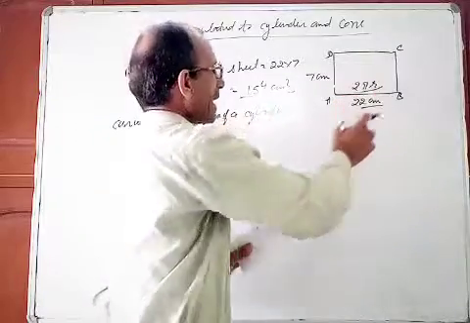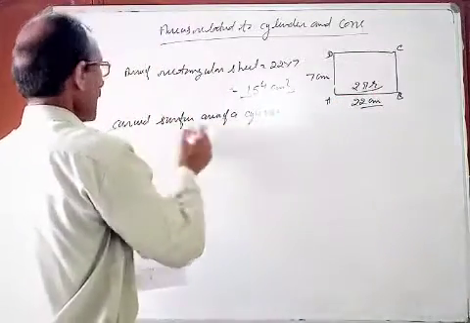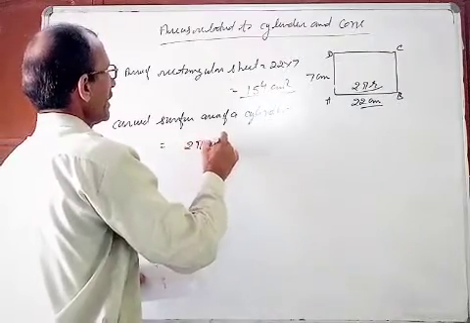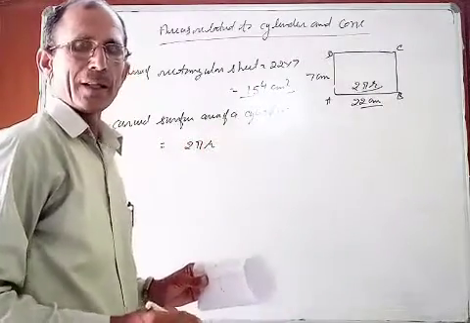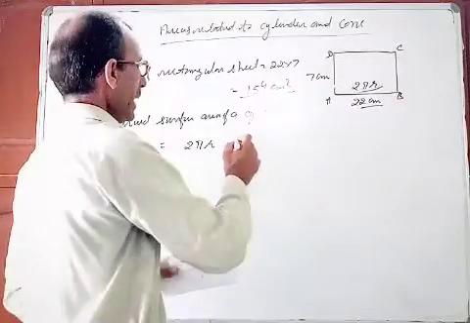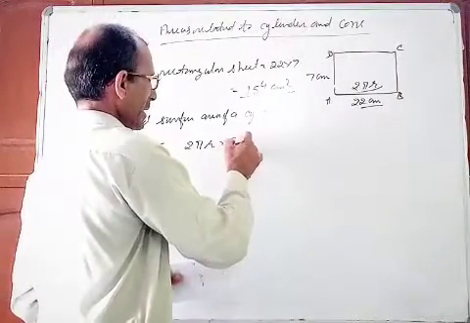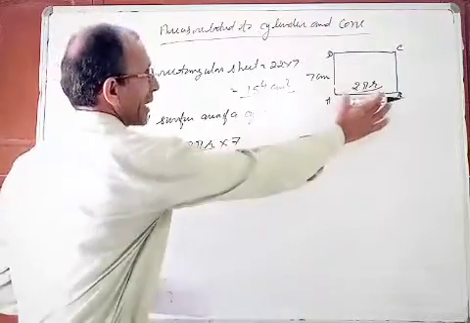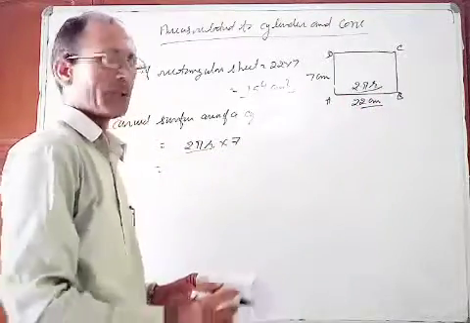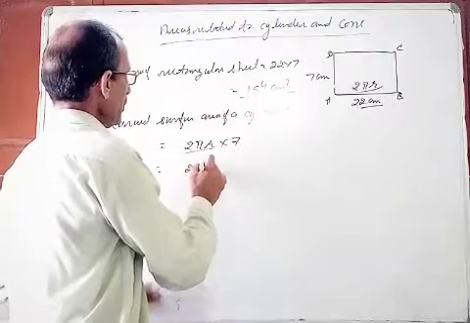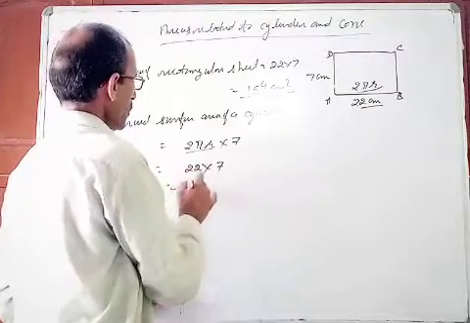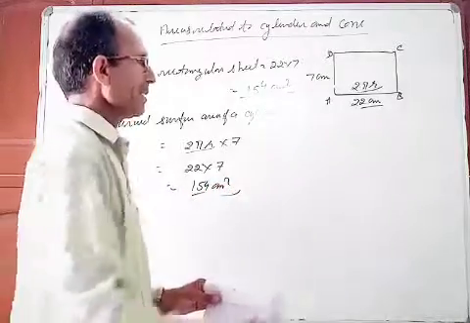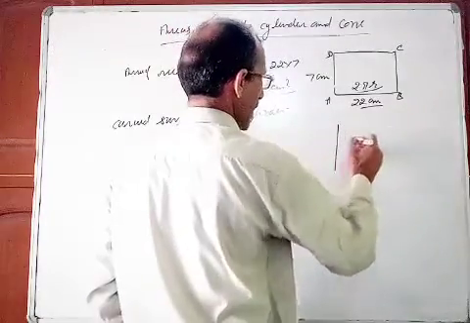For finding the curved surface area of a cylinder, length becomes 2 pi r, the circumference of a circle, and breadth is equal to height, 7. So 2 pi r is 22 and height is 7, giving 154 square centimeter. This is the lateral surface area of a cylinder.